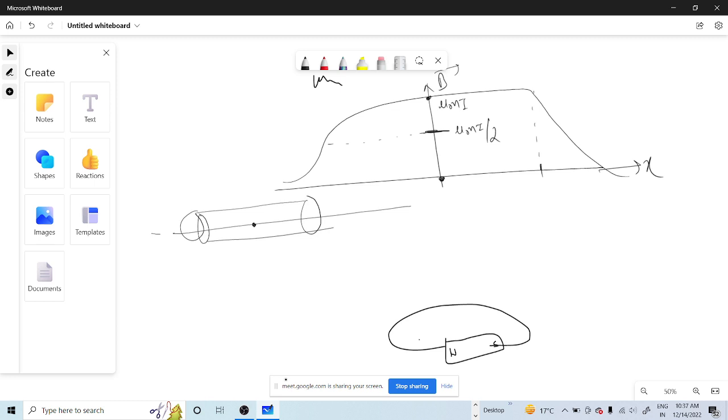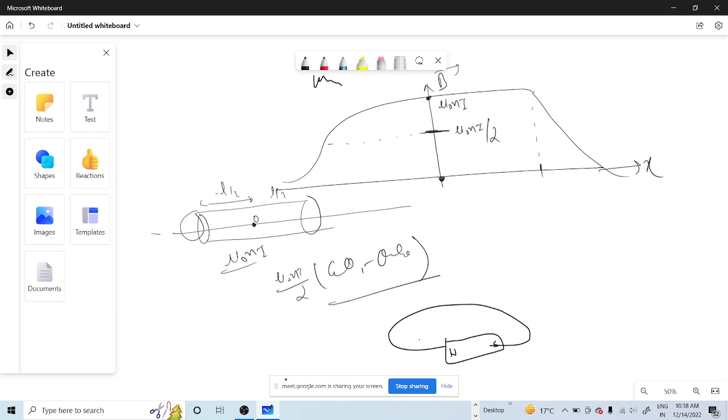What we have covered till now: this is the solenoid, with length L by 2 on one side and minus L by 2 on the other, and the origin at the center. What will be the magnetic field on the axis? If it is too long, it will be mu naught n I. But when it is not too long, we have the general expression mu naught n I upon 2 times (cos theta 1 minus cos theta 2).